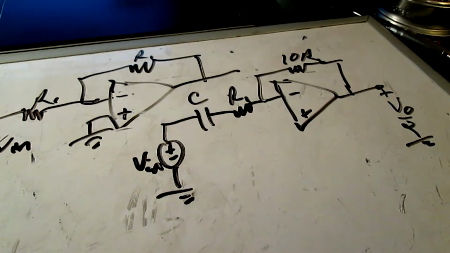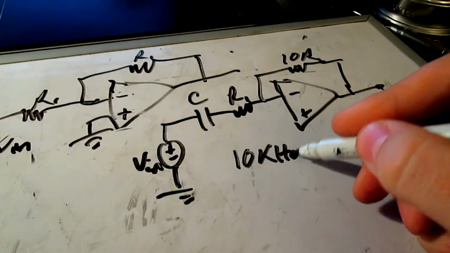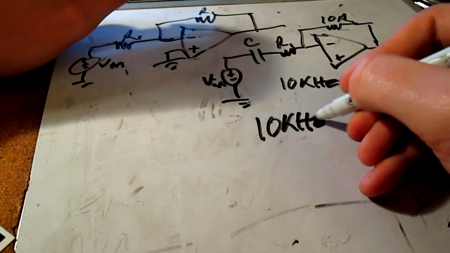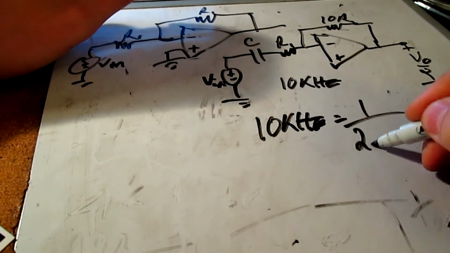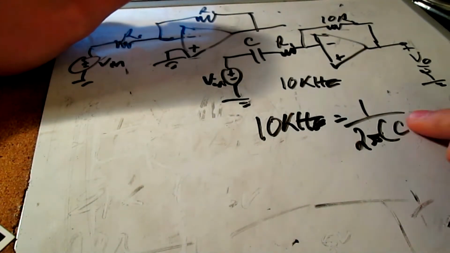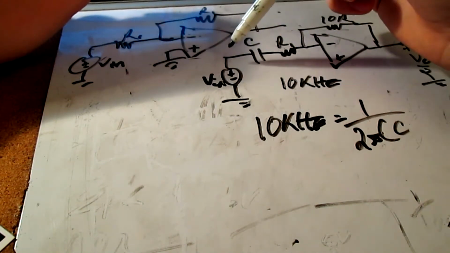So I chose a frequency of 10 kilohertz from my transmitter. We want to get rid of 120 hertz, the ambient light. So we design around that. 10 kilohertz equal to 1 over 2 pi times our capacitor C plus, so we have a resistor coming in from the previous stage.